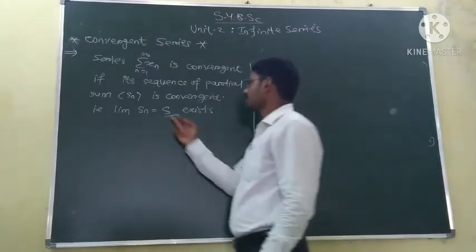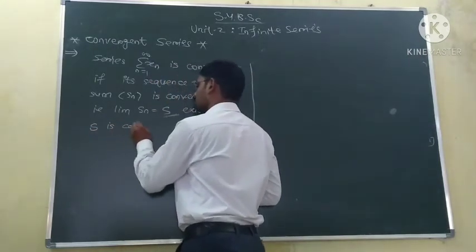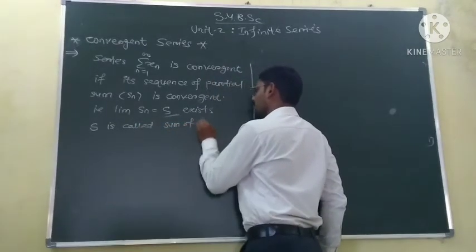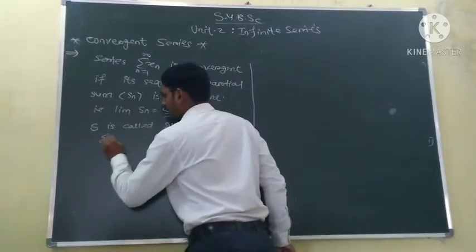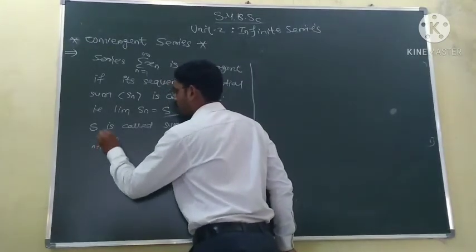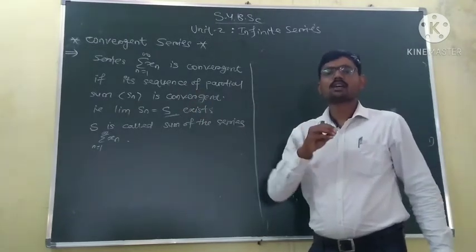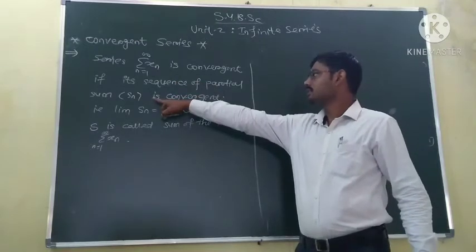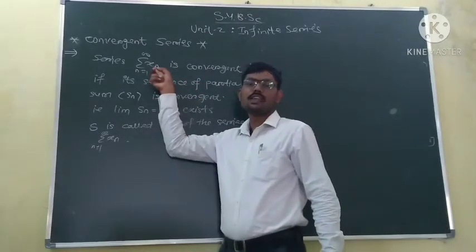Okay, and this S is called the sum of the series xn. Okay, if the limit of the sequence of partial sums does not exist, then the sequence of partial sums is divergent, and so the series is divergent.